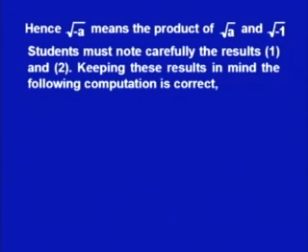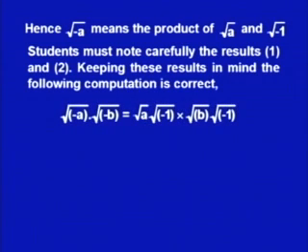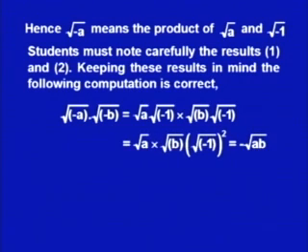Students must note carefully that, keeping results 1 and 2 in mind, the following computation is correct. That is, the product of √−a and √−b will be equal to √a·√−1 times √b·√−1, which will be equal to √a·√b times (√−1)², and this will be equal to −√(ab).